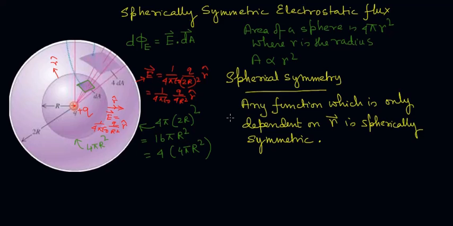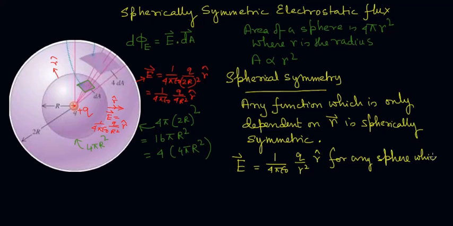Now see, if you see the function at any surface, E is a function of r only, right? Well, let me write it clearly, then you will understand. E is 1 by 4 pi epsilon 0 q over r square r cap for any sphere which has radius r.